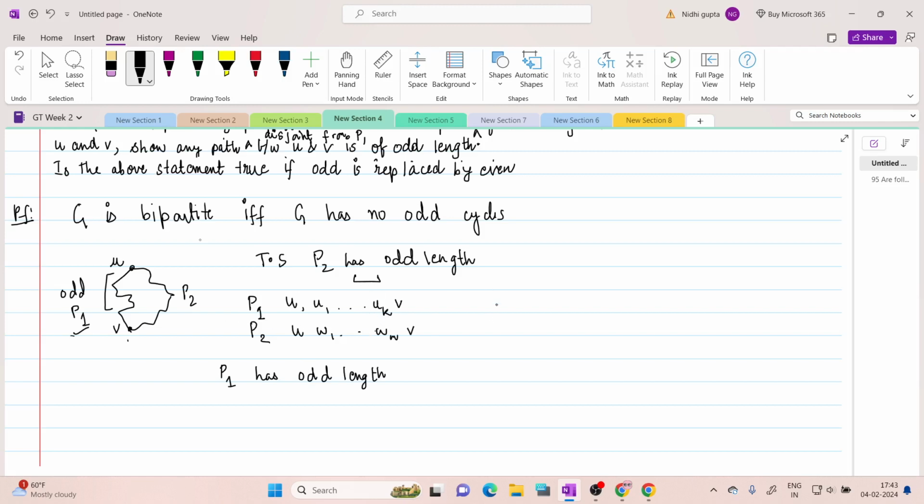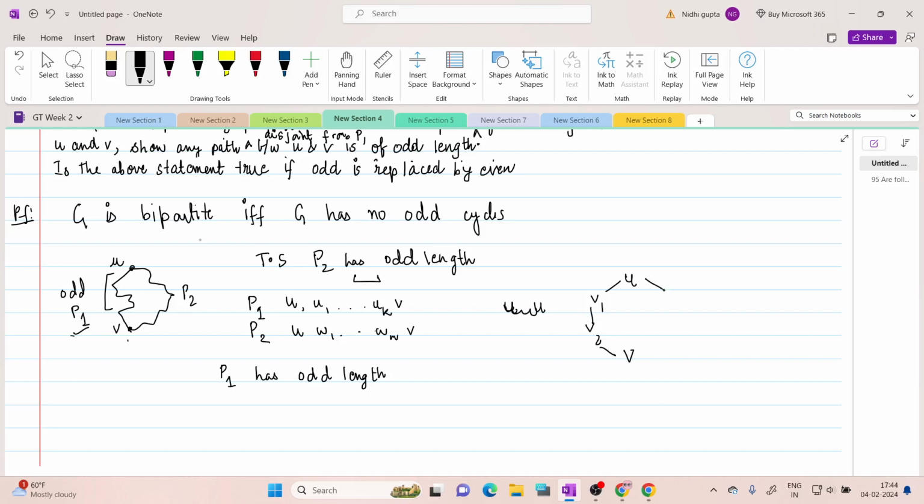Okay. So let's say I have an odd length path of three edges. Suppose this is U, this is V, and I have V1, V2. This is an odd length path.